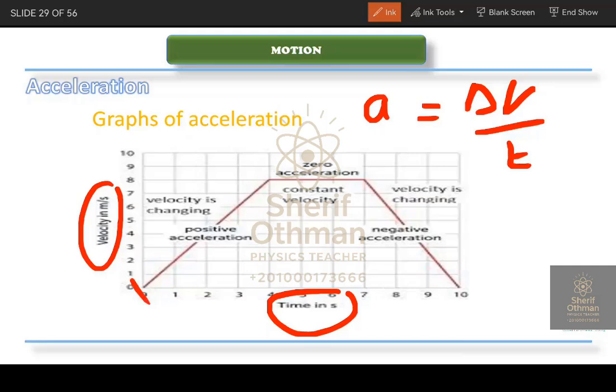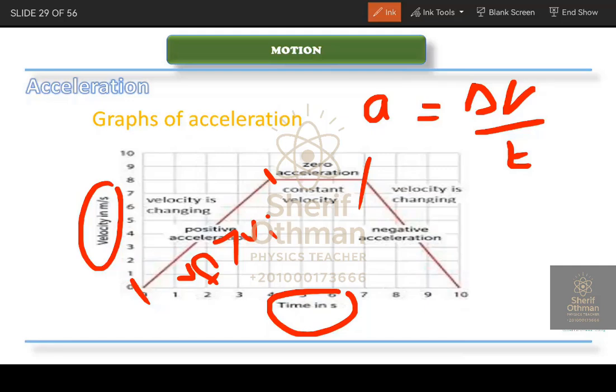The first part of the graph represents positive acceleration, as this part has a positive slope, which means V final is greater than V initial. While the second part represents an acceleration of zero, as there is no change in velocity by time.